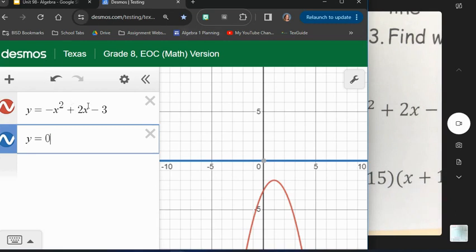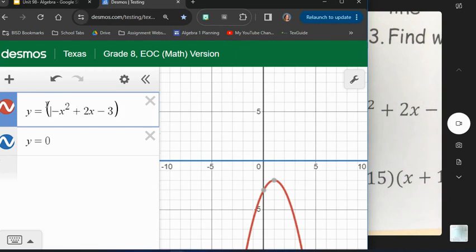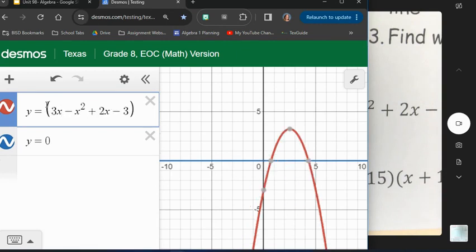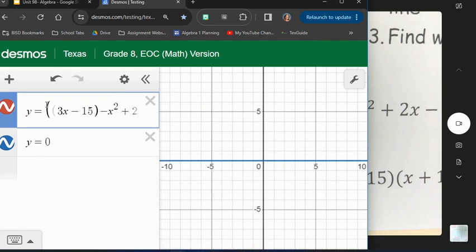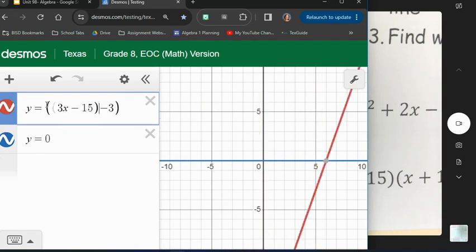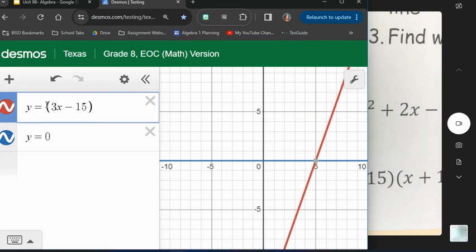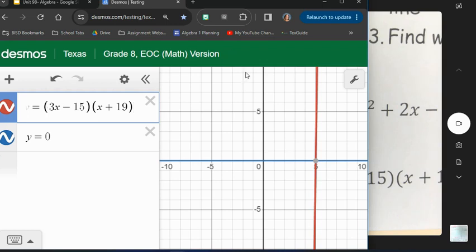Let's do the second example. I'm going to change this one to y equals 3x minus 15. Oh, I need to delete. Okay, 3x minus 15, then parenthesis, x plus 19, close parenthesis.